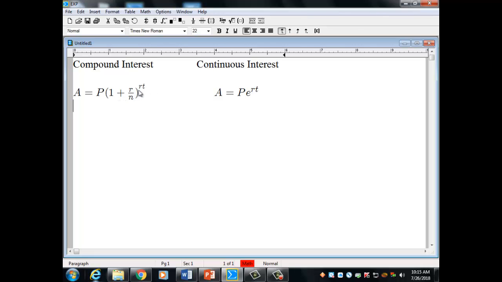We have two formulas for compound interest. It's the money that you put into an account times 1 plus R, where R is an interest rate, so it's always as a decimal. Okay, so P is your starting amount.